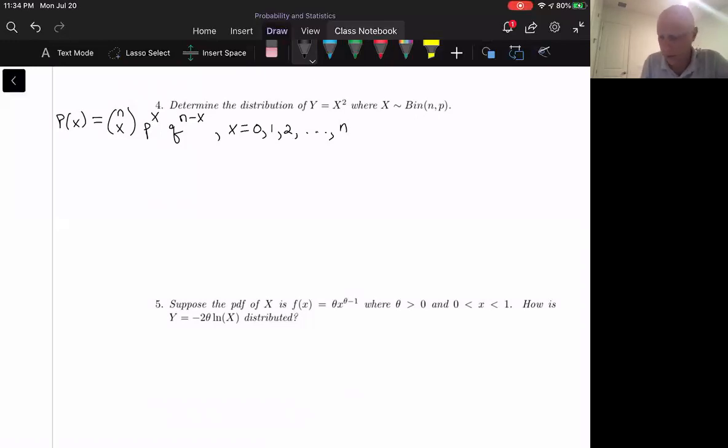So we want the distribution of y. We have that u of x, which is the one given, is x squared. And when you solve for x, you get v of y, which is what?